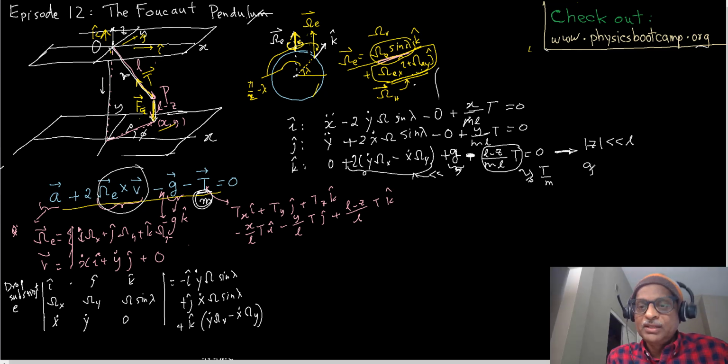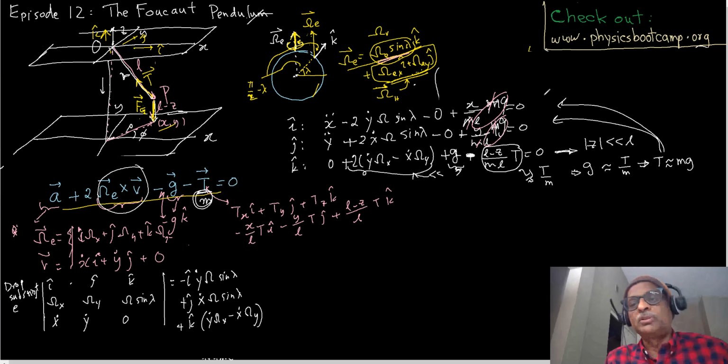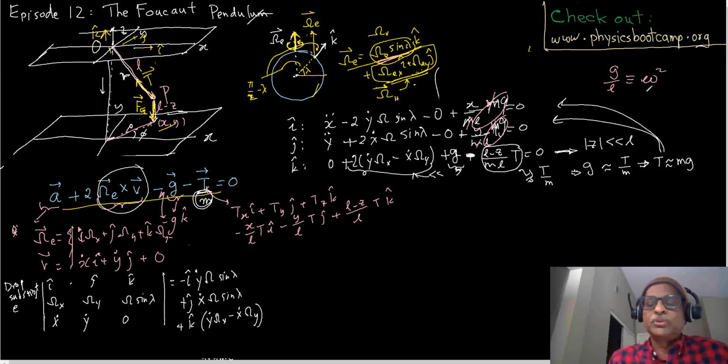Then we can say g equals T over m, and so T is mg. I can use that in these formulas, and so the m's cancel out, and you have g over L, which is the pendulum's original frequency. g over L, let's call it omega squared.